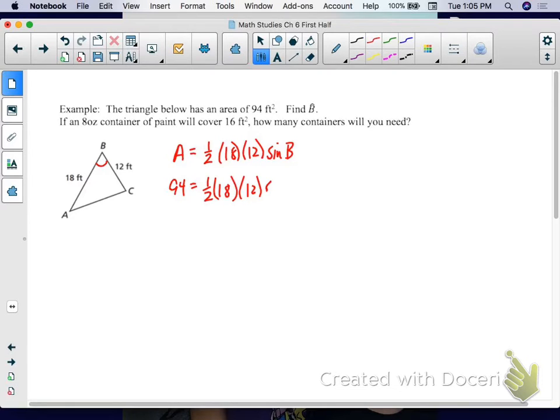Okay, so 94 is equal to half of 18 is 9. 9 times 12 is going to give me 108. Just double check there. Yep, 108. Sine of B. Make sure that you don't take half of 9 and half of 6, because now you've multiplied by a half twice. Divide both sides.